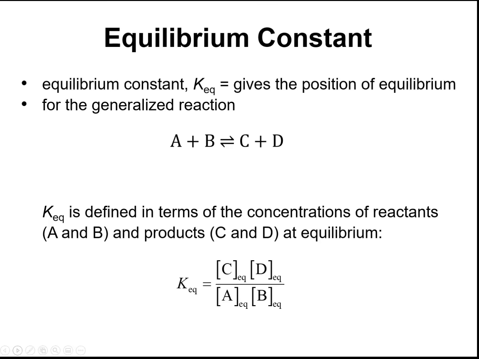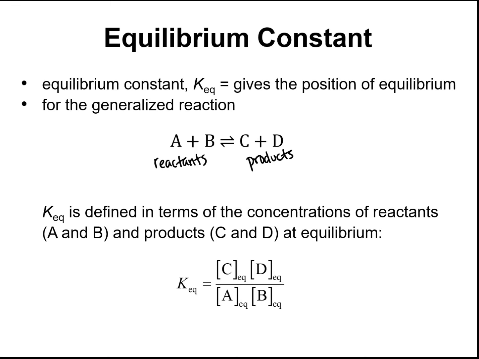We can talk about this using an equilibrium constant. We'll look at a generalized reaction first. We have A plus B, and we're going to yield C and D. We've got our reactants on the left-hand side, products on the other.